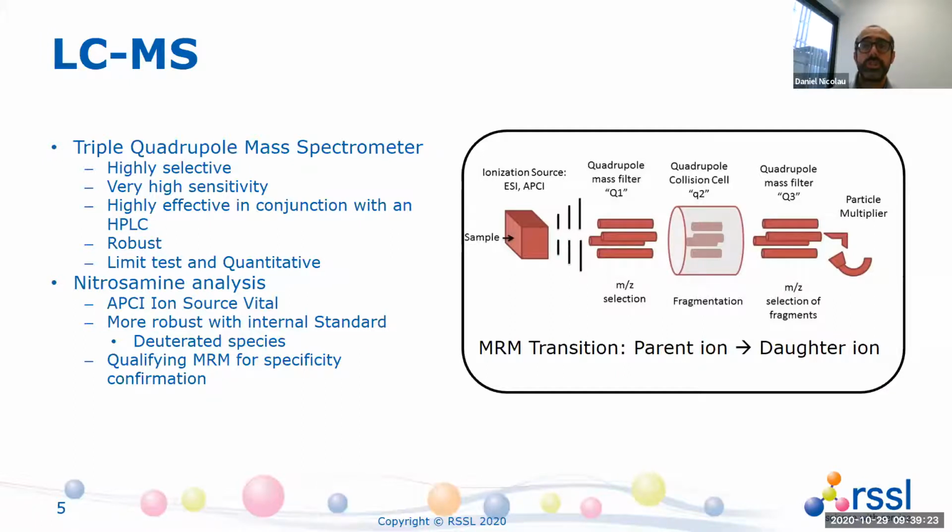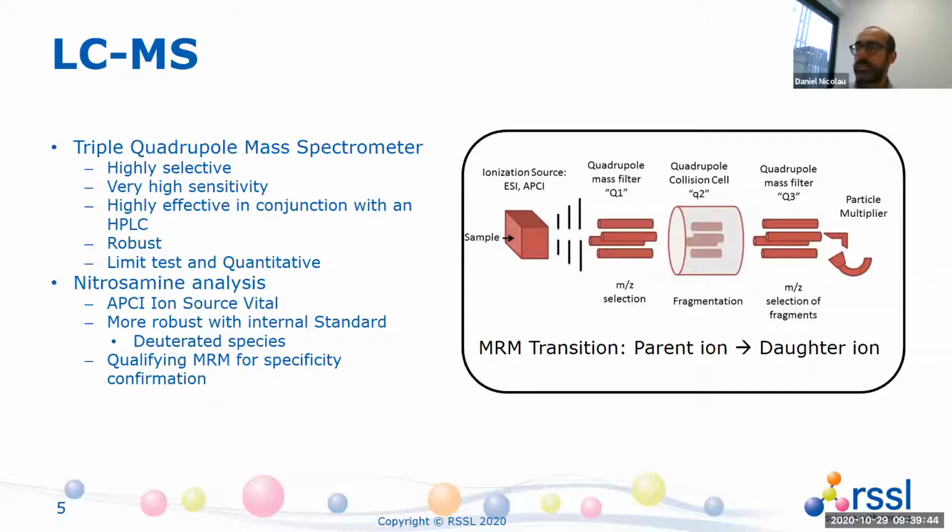And in conjunction with an HPLC or a UPLC, they are very effective in separating out various components within your matrix or your sample and determining the nitrosamines in the compound. And they are very robust and allow you to develop both quantitative and limit test methods.